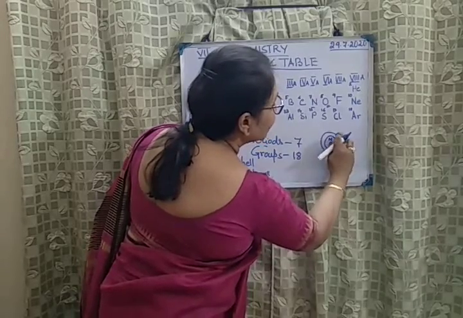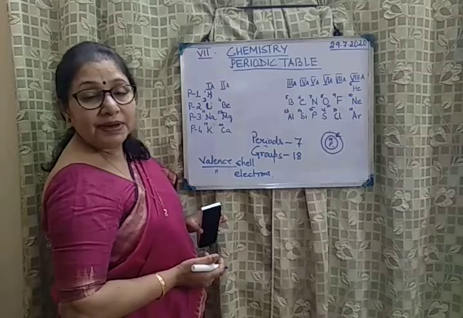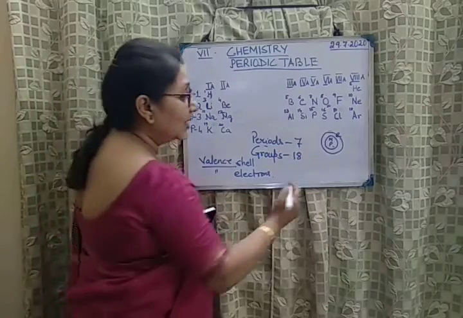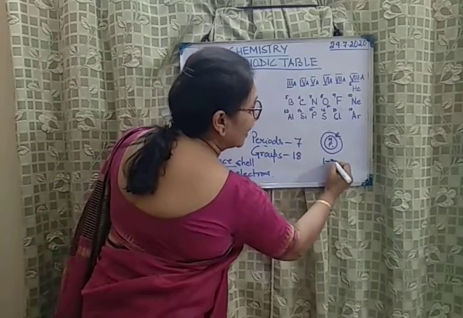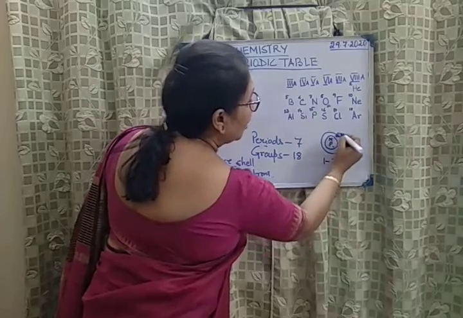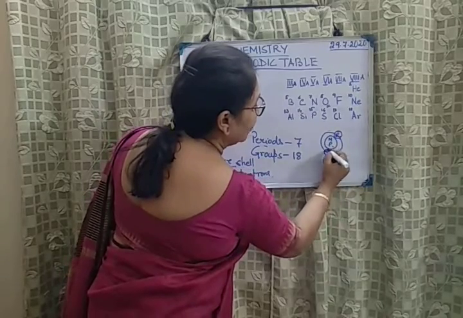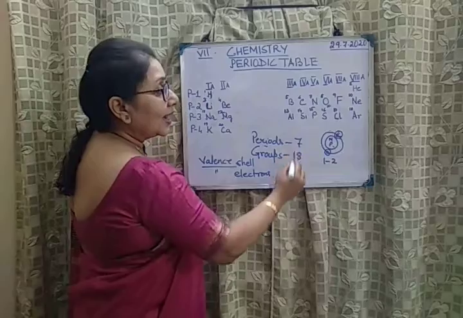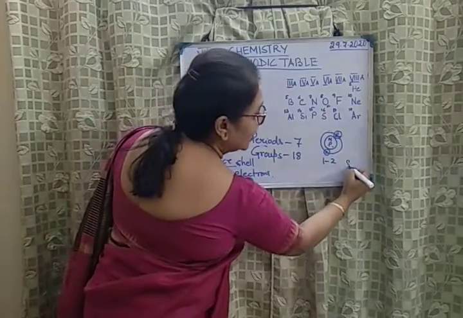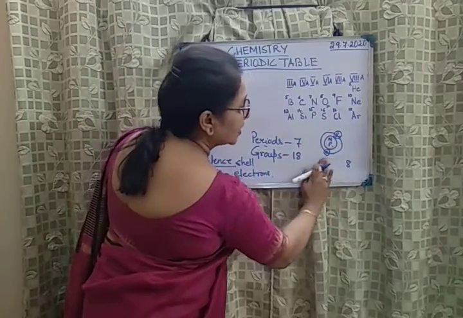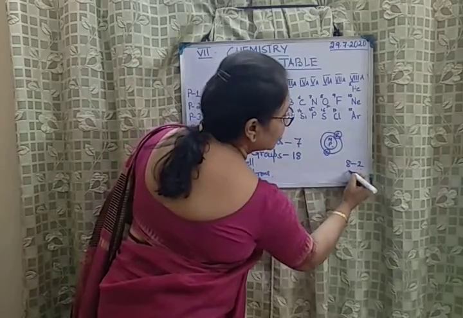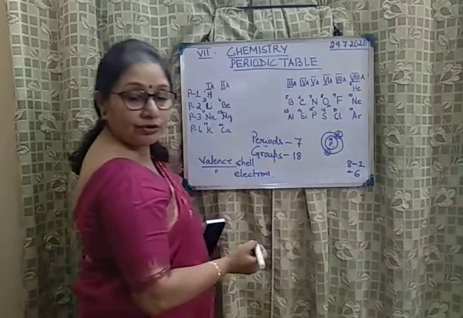What is the maximum capacity of the first shell? Shell number 1 can hold a maximum of 2 electrons. So if I draw 1 electron here and 1 electron here, how many are we left with? Total is 8, 2 I have placed here. So it is 8 minus 2, we are left with 6 electrons.